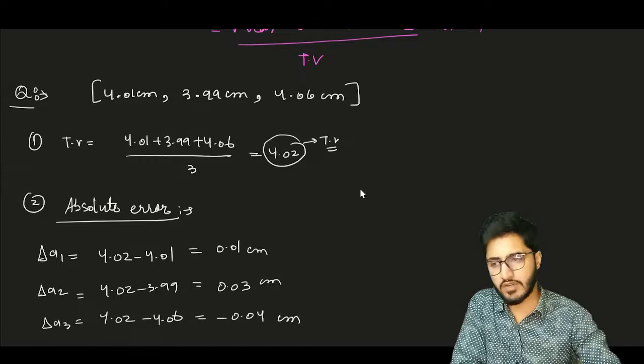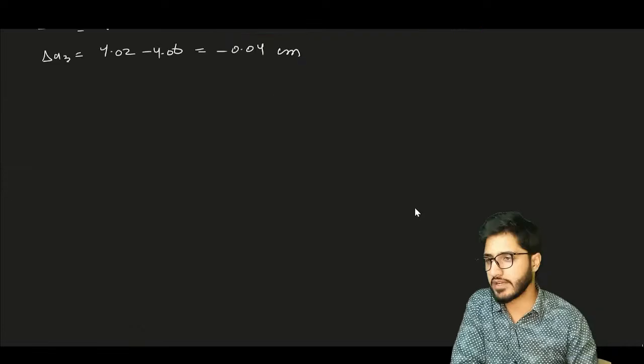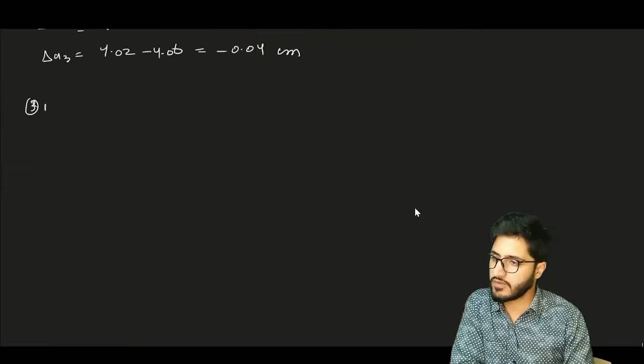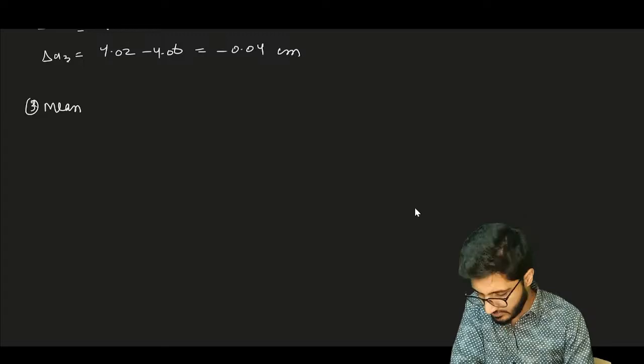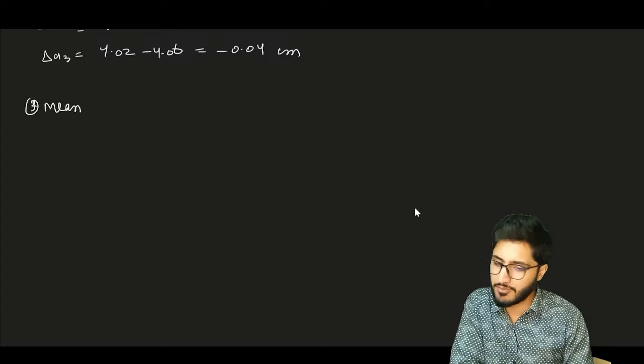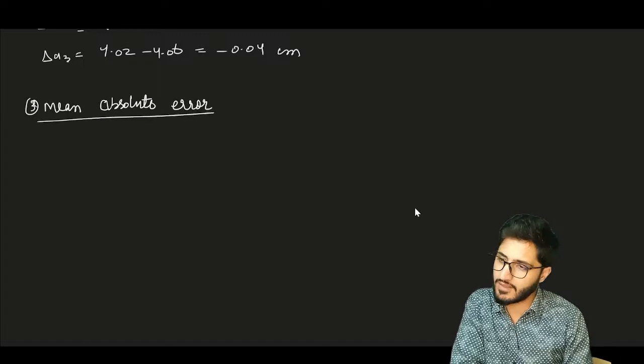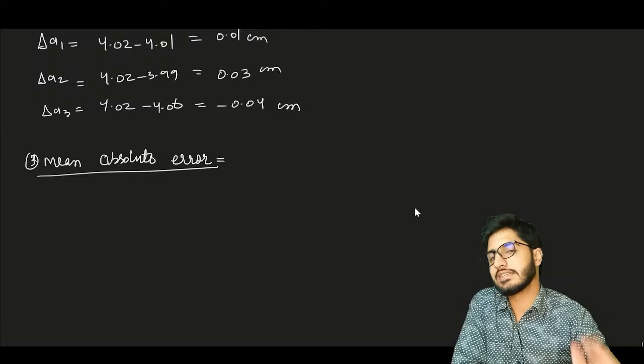Now, third one, what is mean absolute error? So delta A1 mod of it.